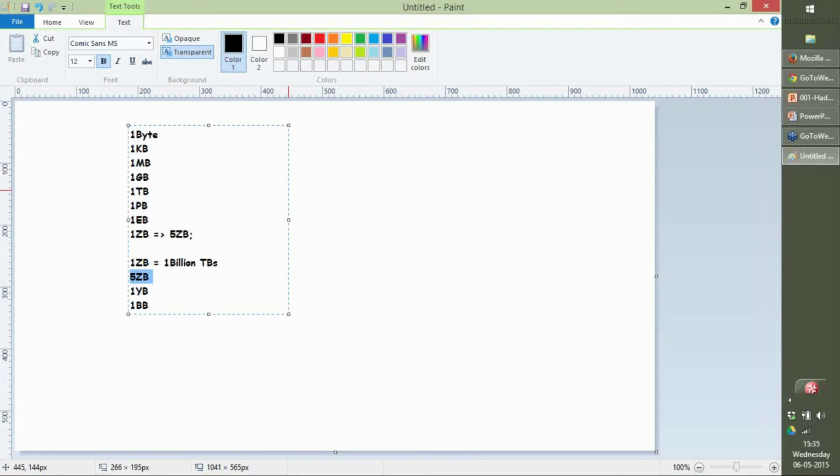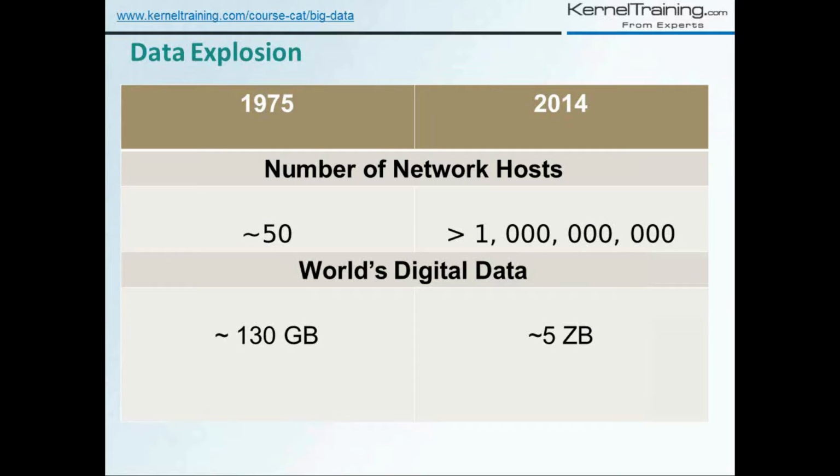Soon we are moving to exabytes, because IBM statistics say that within 2 years we are going to generate 90% more data. This is the data of 2014. By 2016 we are going to generate 90% more data, and this data is going to be only 10% of it. So we should develop a system which can handle this much data.